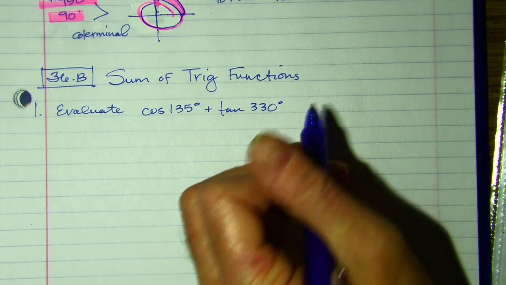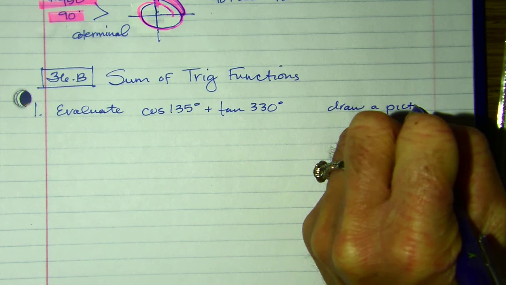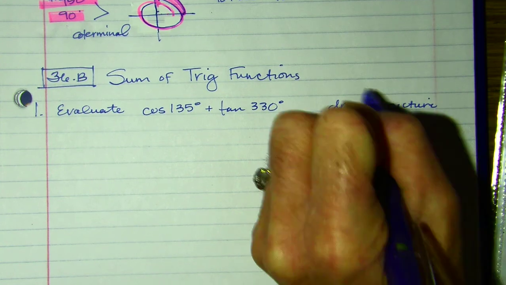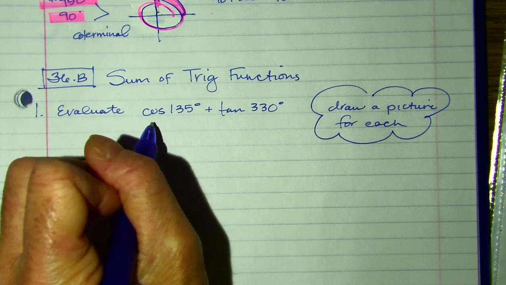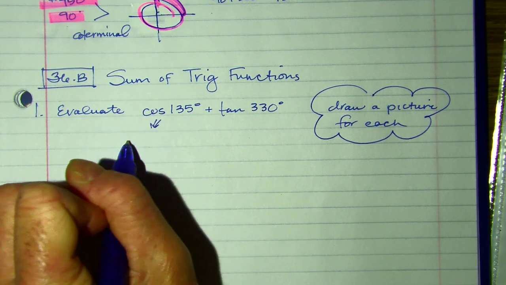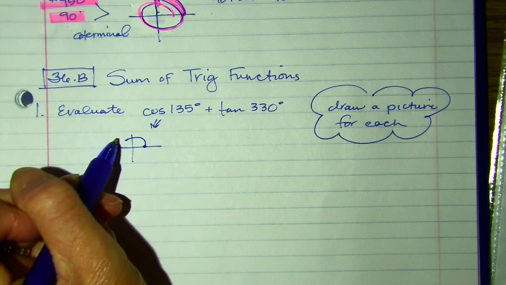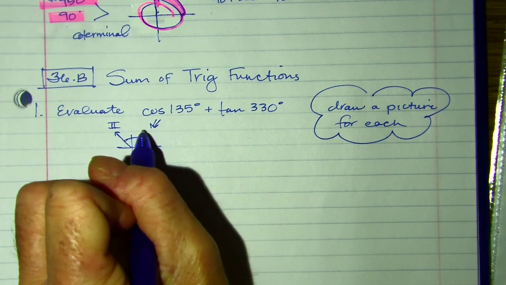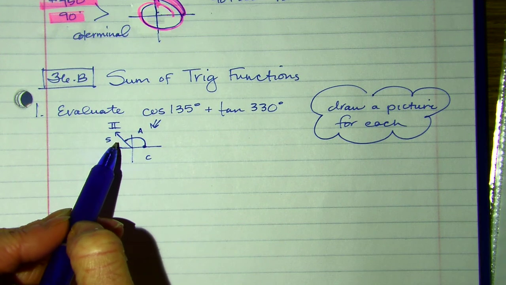So I'm actually going to draw a picture for each. So for the cosine of 135, positive 135 would put me in quadrant 2. And I know that all students take calculus, so cosine is going to be negative here.